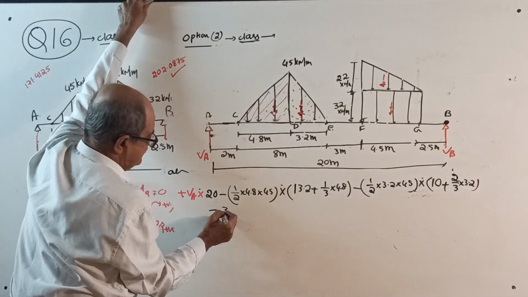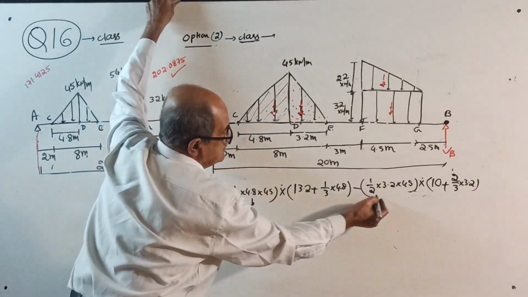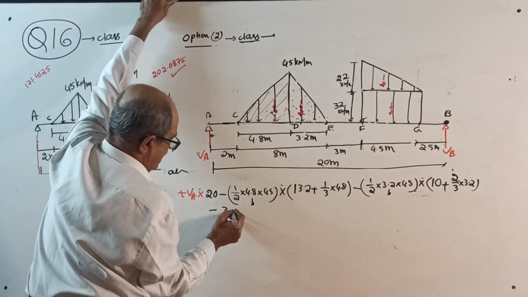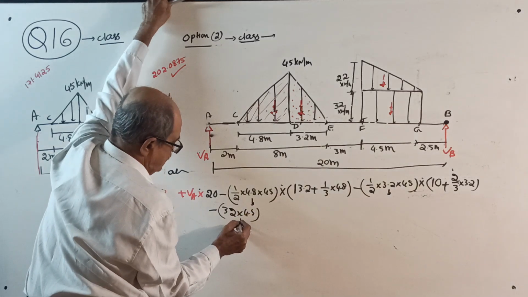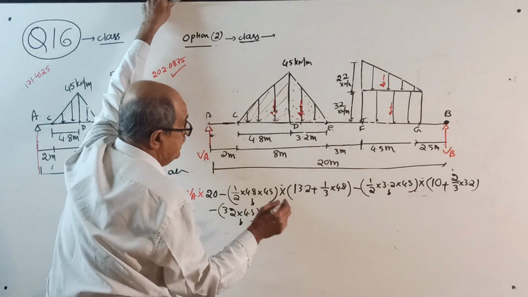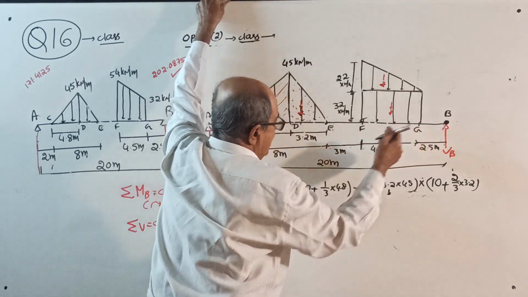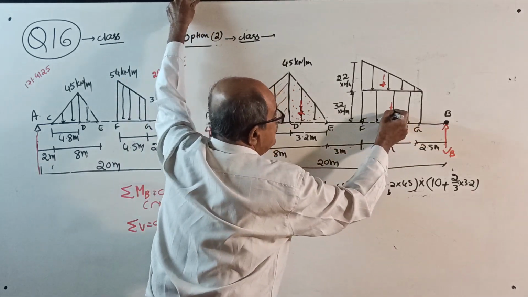How much UDL? See, this is the total load into distance. 32 into 4.5 is the total load multiplied by 2.5 plus 2.5 plus half of 4.5, from B to this line of action.